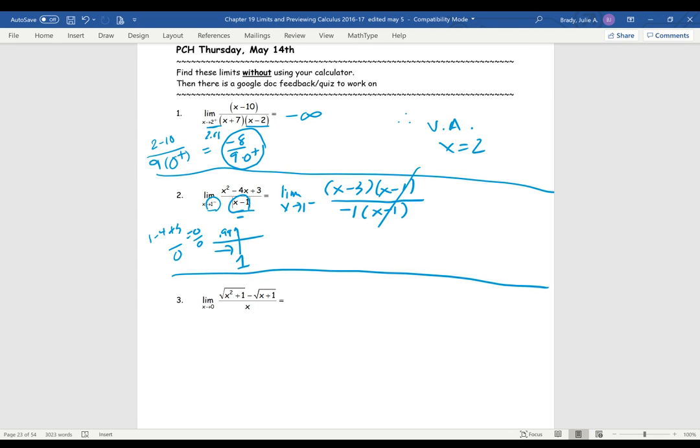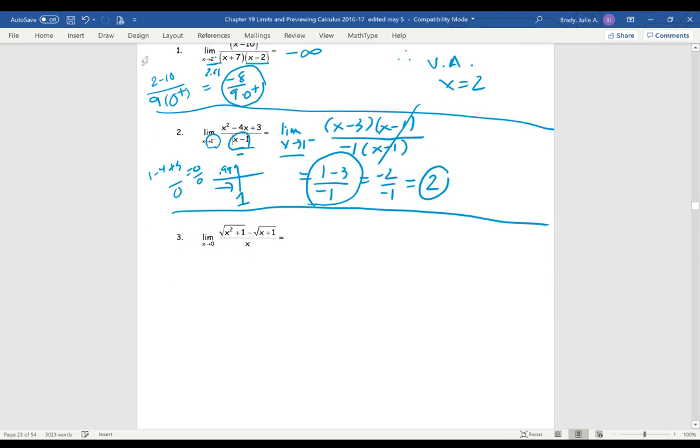So that reduces out. Okay, so now I think we can put 1 in. We would have 1 minus 3 over negative 1, which is minus 2 over minus 1, which is 2. Notice I dropped the limit when I could literally evaluate the function.